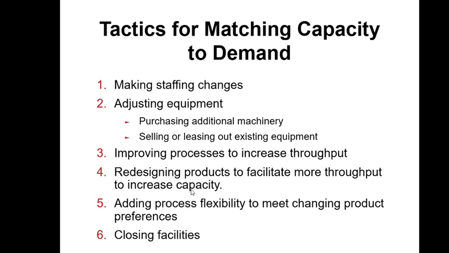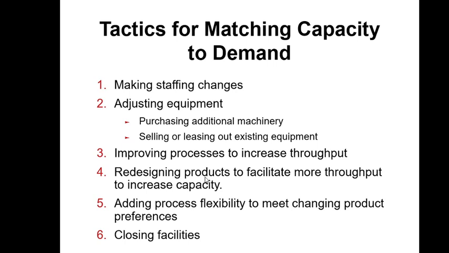Also, one time in chapter 5, design of goods and services, I showed you a bracket, if you still remember, in three designs. One of them was very complicated, the other one was less complicated, and the third one was very much less complicated. Now, if you redesign your product, like we redesigned the bracket at that time, to make it easier, with fewer steps to produce, then this will help you also.